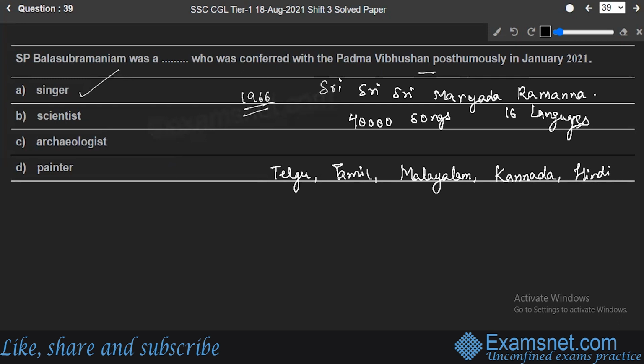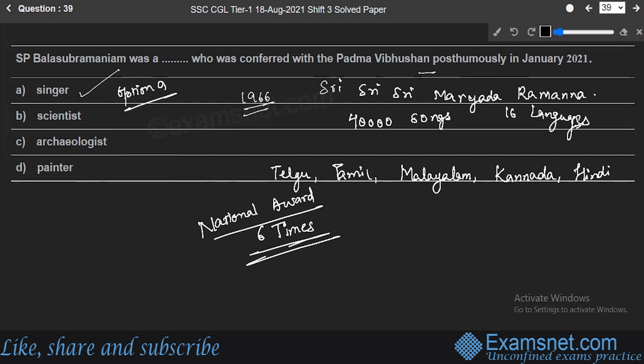He was bestowed with the National Award for the Best Male Playback Singer 6 times. Very proud singer. National Award for Best Playback Singer. So option A is the correct answer to our question.